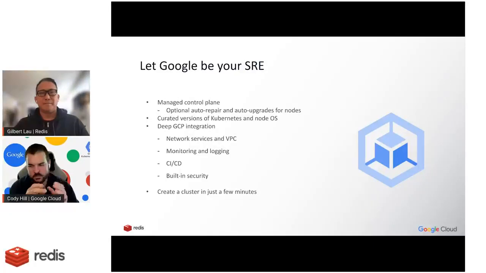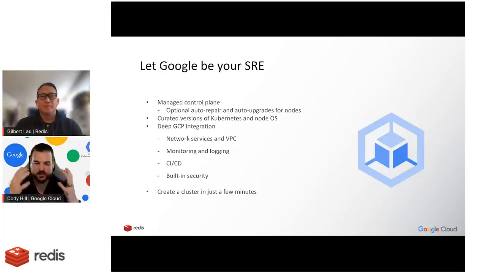In a nutshell, what GKE does for you is it gives you a 100% fully managed control plane for Kubernetes. All you have to do is worry about your worker nodes. You don't have to maintain the control plane nodes whatsoever.